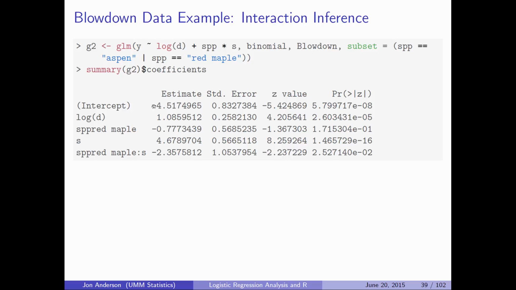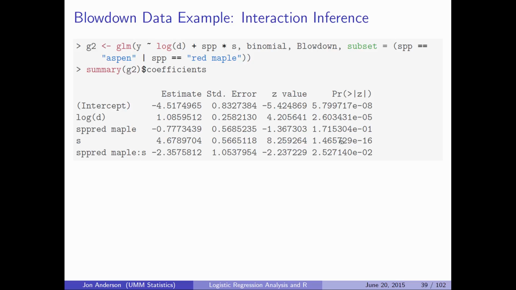You can look at the coefficients here, and you can see that as the log diameter increases, there's significant evidence that the risk of death increases. You can also see the severity effect for aspens, and it's positive.